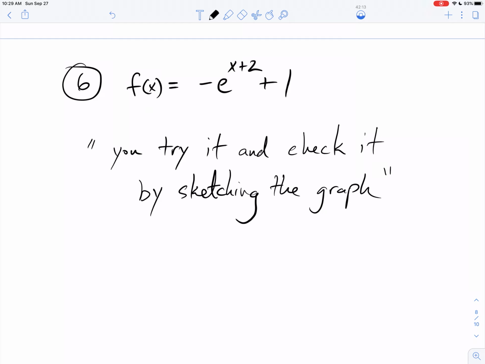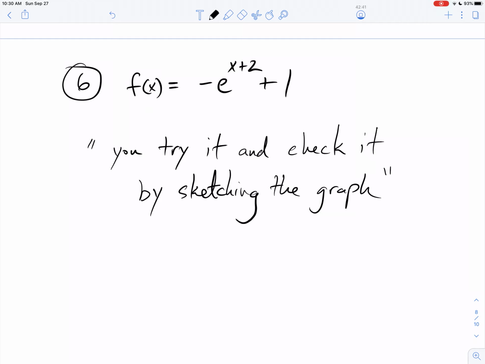You try it and check it by sketching the graph. I would like you to pause the video right now, try to do it, try to sketch it, and then after you've got an answer and you've got a picture, I want you to come back and see if your answer matches mine. Okay, so pause it and try it, please.